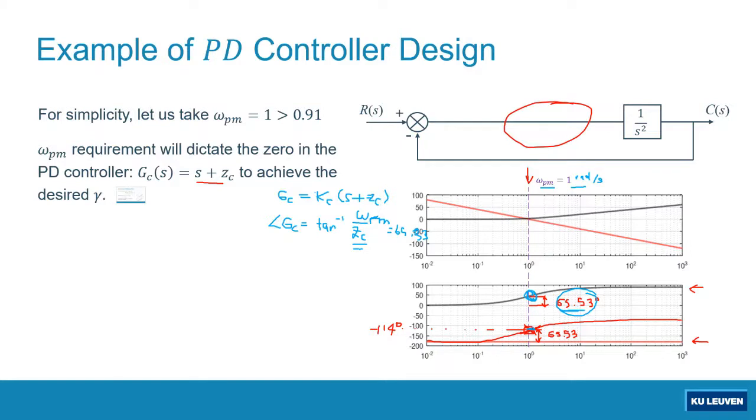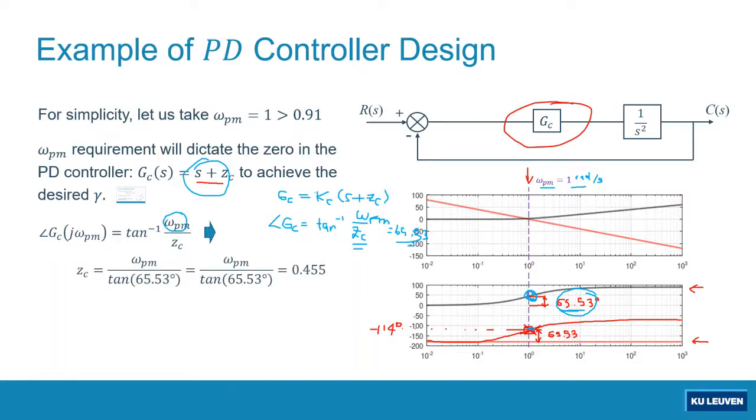Once we have already defined the ZC value, I can introduce the dynamics of the PD controller there. Let's take a look at what the ZC should be. The angle of GC at the phase margin frequency, at the frequency of 1 radian per second, should be equal to 65.53 degrees.